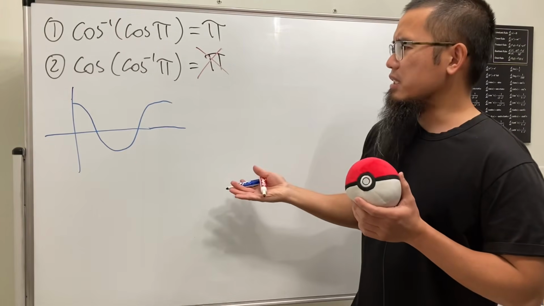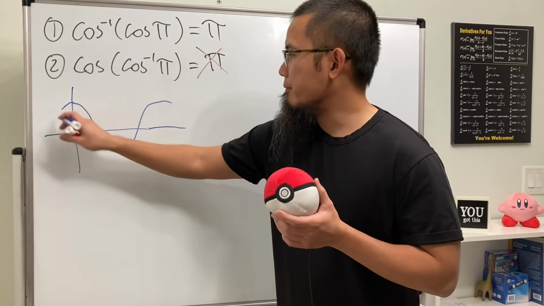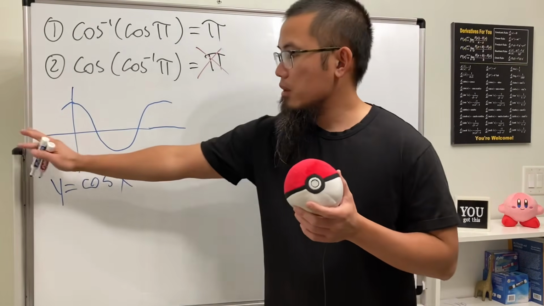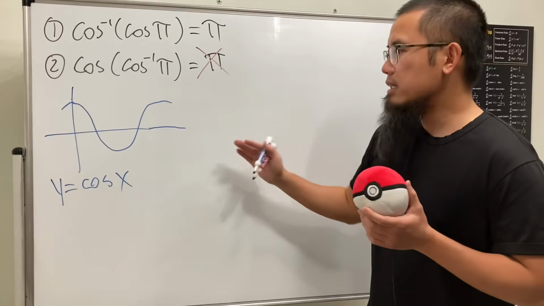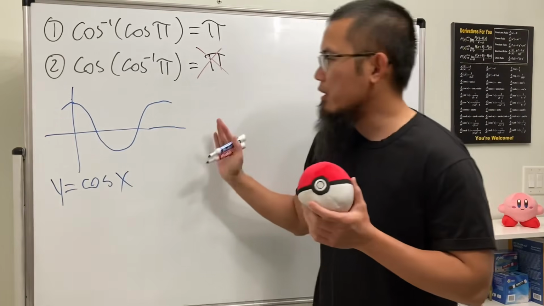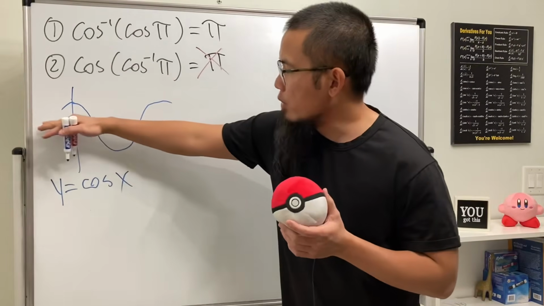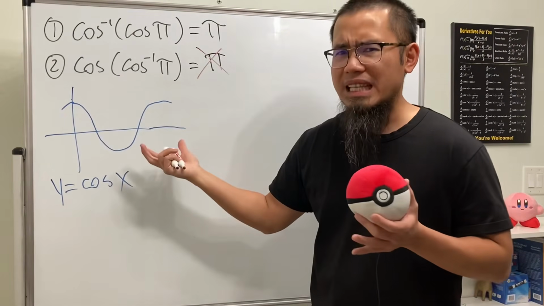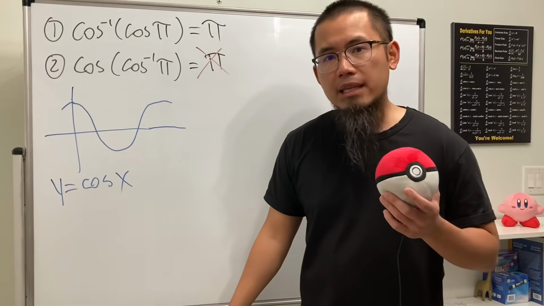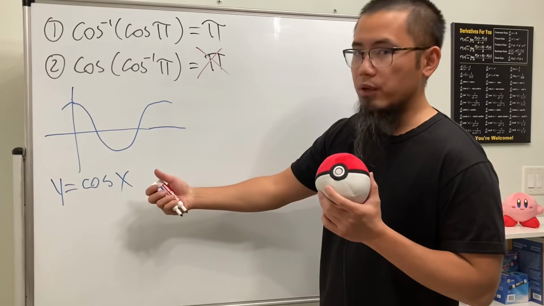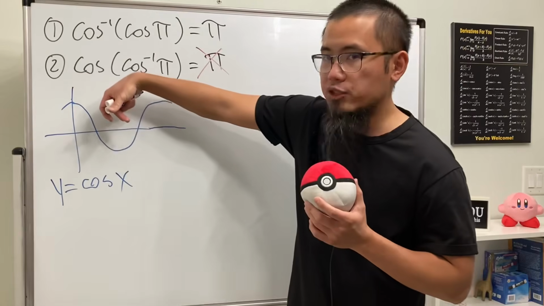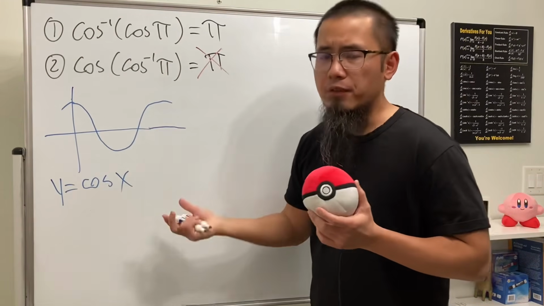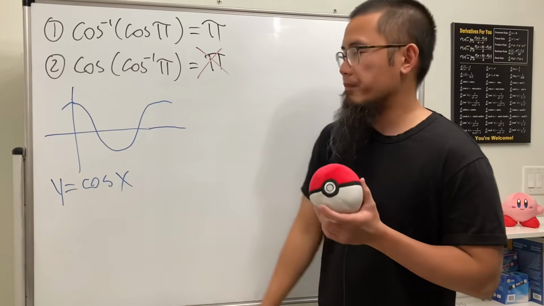The problem with this is that when we have y equal to cosine, the domain is all real numbers, but this is not one-to-one if you look at the whole thing. Meaning that if you draw a horizontal line, the line will touch the graph more than one time, in fact, infinitely many times. And that's bad, because when we want to get the inverse, meaning that we have to do the reflection about the line y equals x, the inverse wouldn't be a function anymore.